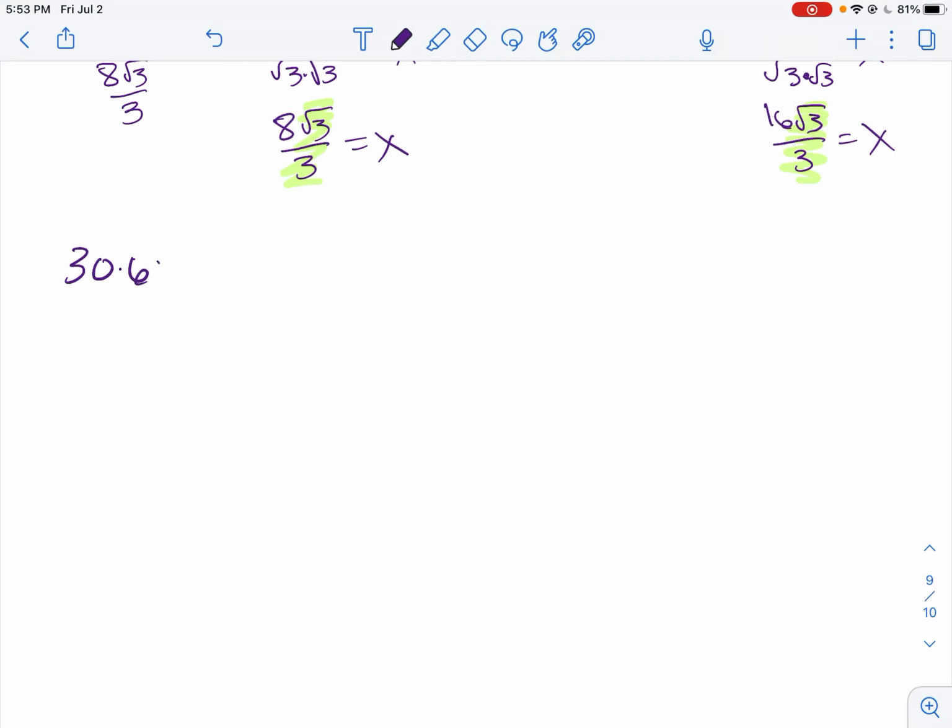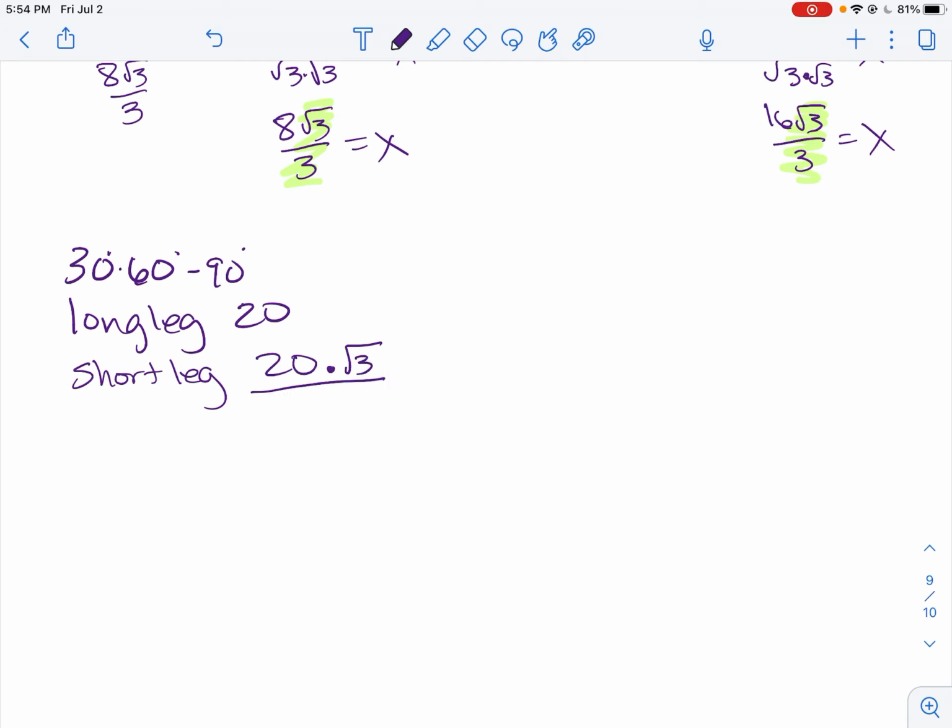So if I have a 30, 60, 90 triangle, and the long leg has 20 as its length, in order to find the short leg, I would take 20, I would multiply it by the square root of 3 over 3. If I'm going to do the hypotenuse, I'm going to take that number and multiply it by 2.